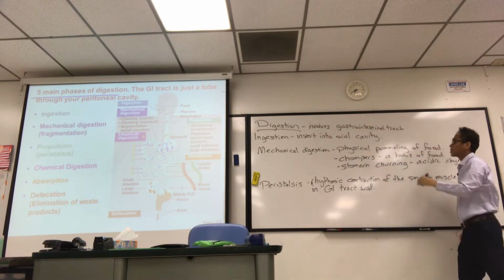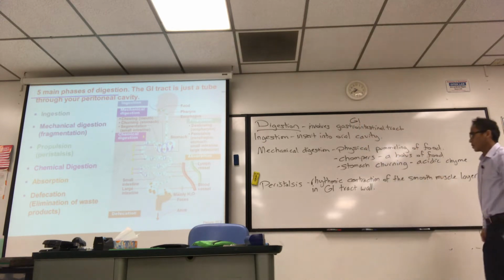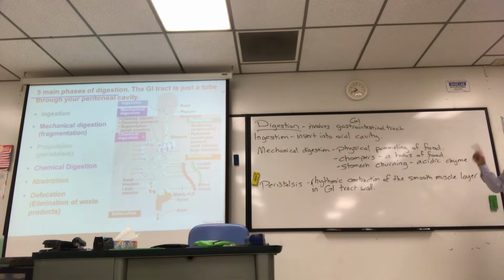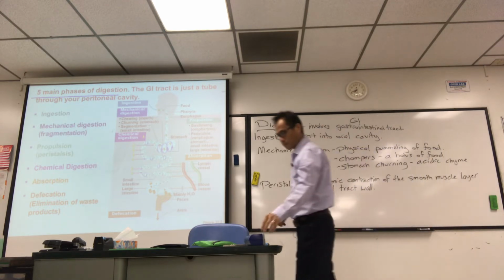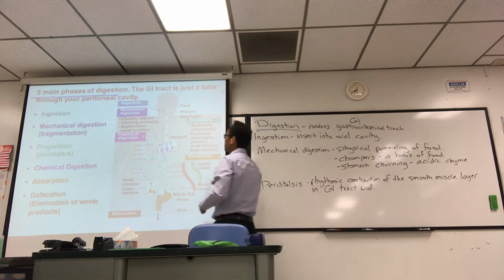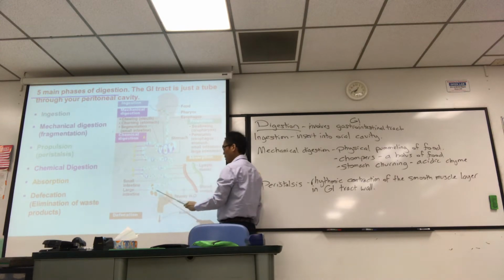So gastrointestinal is GI. The tract is a tube from mouth to anus, and that's one of the things you see here. And peristalsis is illustrated by this greenish line, and it starts from the beginning and goes all the way through to the end.